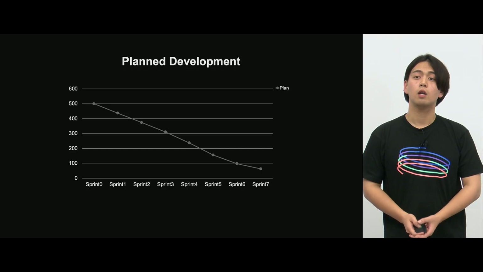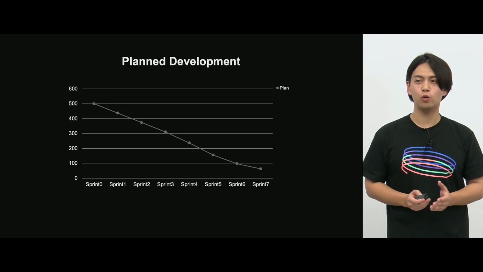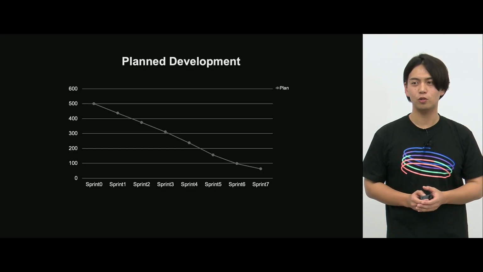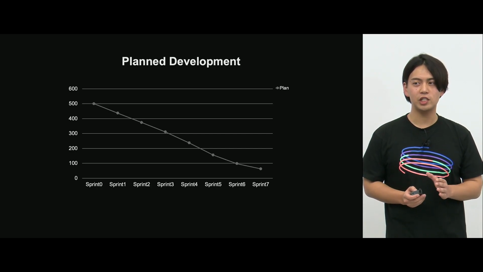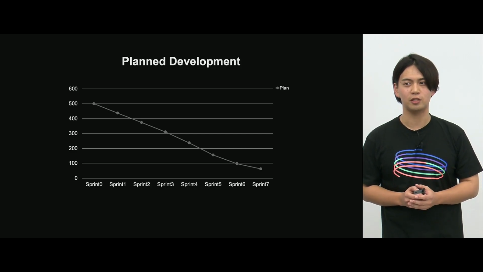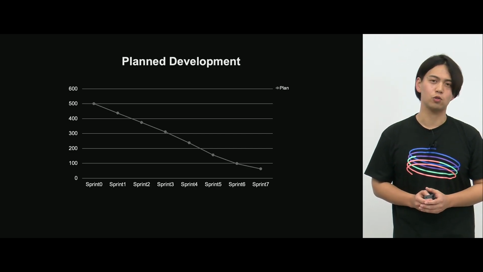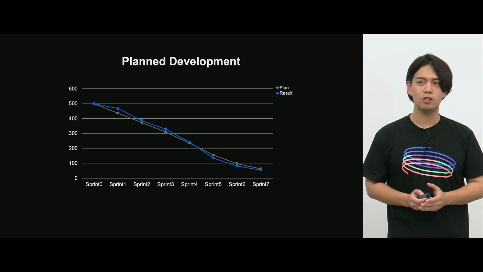Then, whether or not we were able to do the planned development. Let's take a look at this chart. This is the graph showing whether we were able to consume the effort according to the plan. If we did, it means that we were able to develop according to the plan.